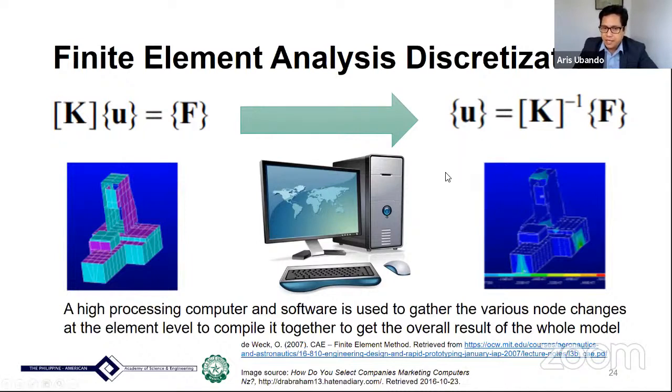Usually, depending on the size of the problem or the solution, the time of computation varies. So sometimes we apply some simplifications in our model, for us to balance the accuracy as well as the computational time for each solution.